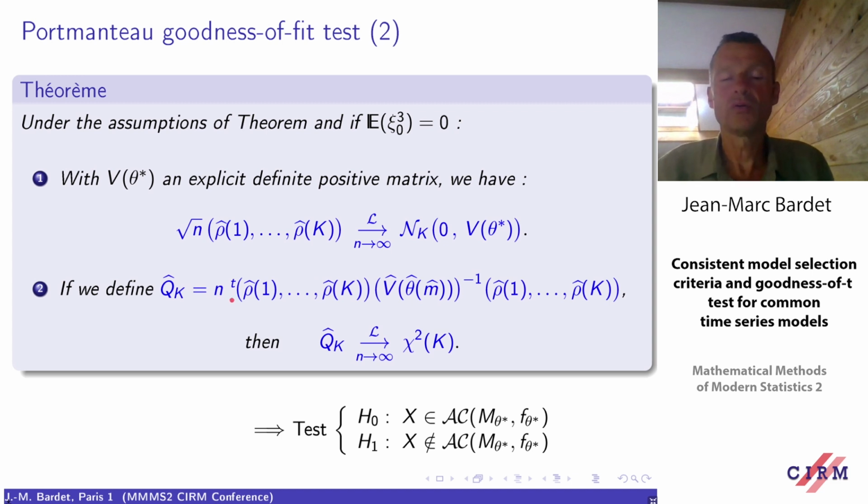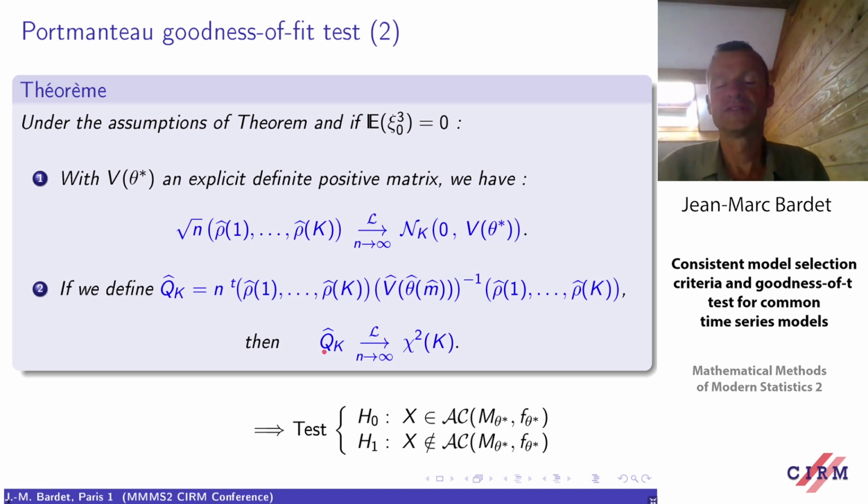And so now, using such kind of approximation and using the usual norm of this vector here, we obtain a chi-square limit distribution for this norm.